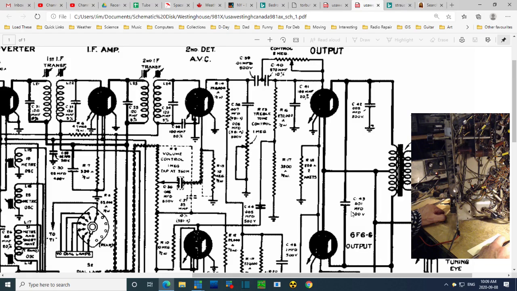Now, it doesn't implicate these two capacitors at all. Ooh, so I just hit something, and instead of just hearing a noise, there's a continuing sound. There it is.